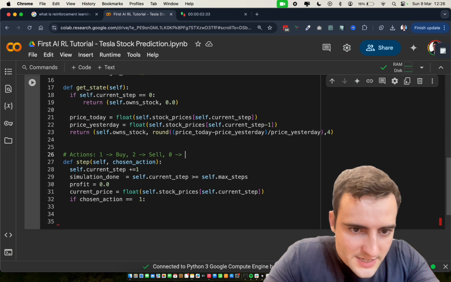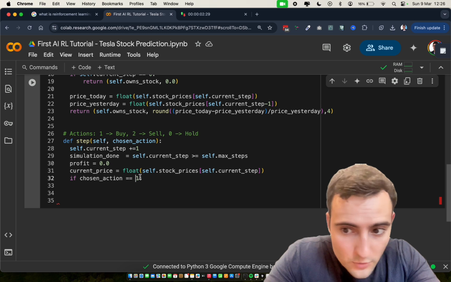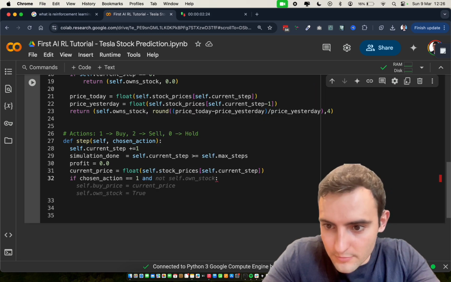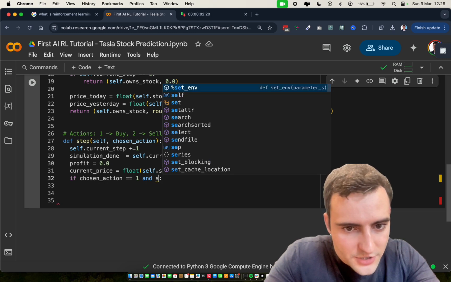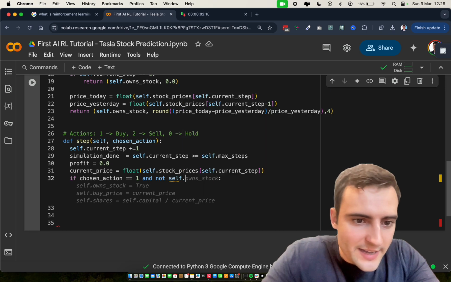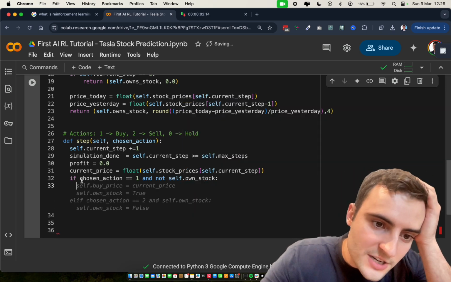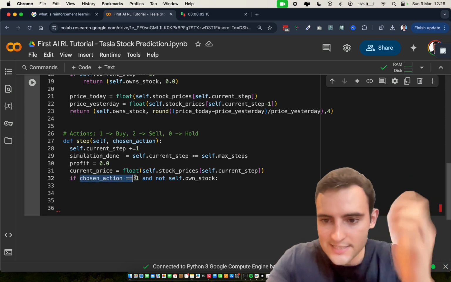And so what we're going to do is, if the chosen action is 1 and we actually have enough money and we don't own the stock, we write and not self.own_stock, then we can buy it. So really simply, if the algorithm has chosen to buy and we don't already own the stock, let's allow it to buy.